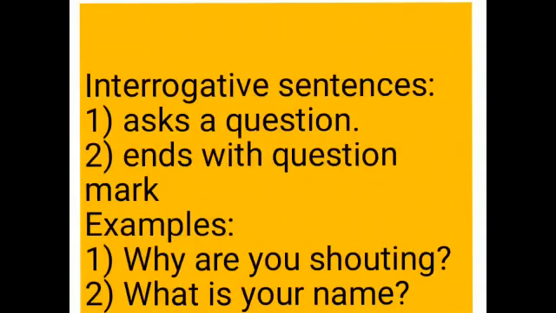Now we are going to study interrogative sentences. Interrogative sentences are those that are used to ask questions, and second, they always end with a question mark. There are some examples before you, like where are you shouting? What is your name?